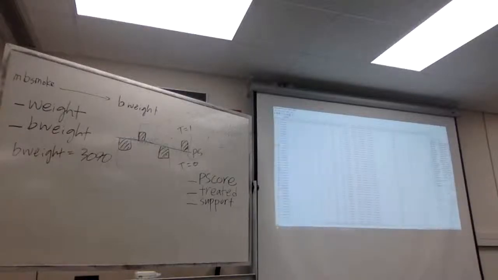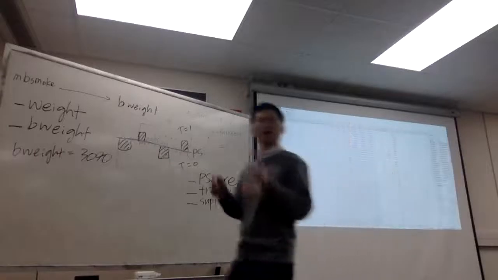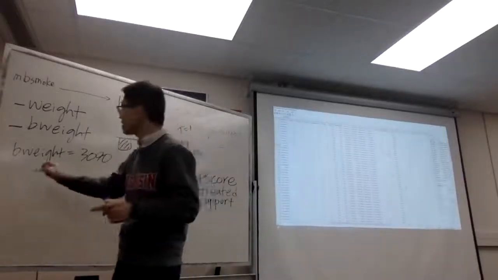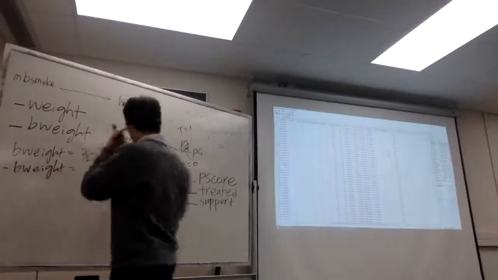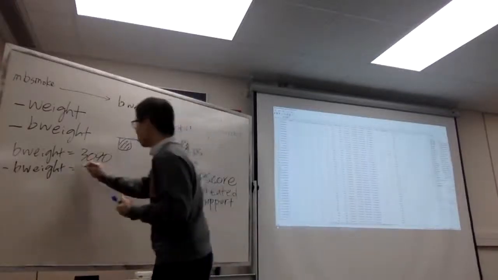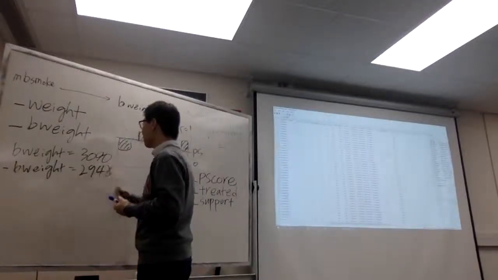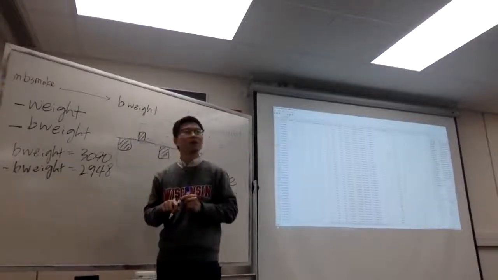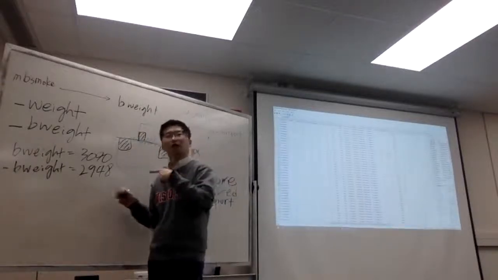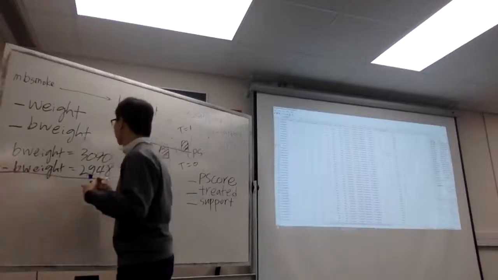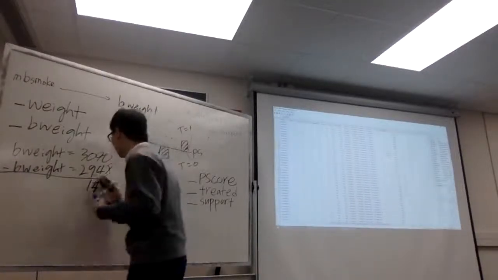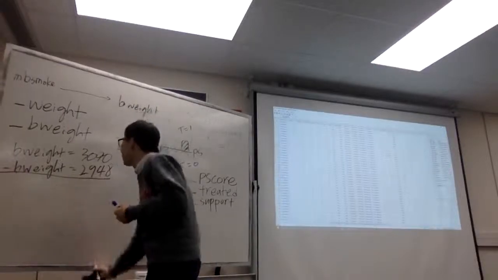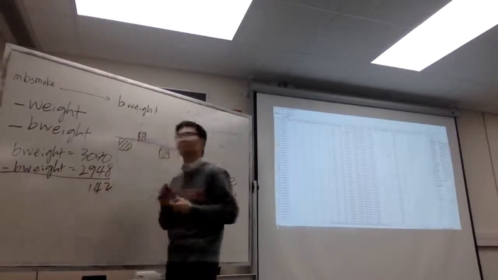But the B weight underscore B weight, or the B weight of the matched case, is 2948. So the causal effect for this match is 142.